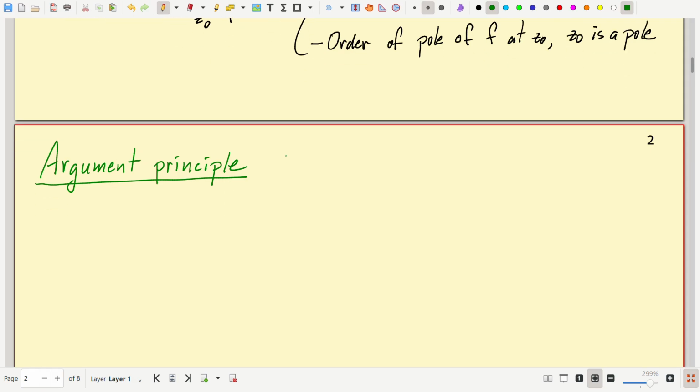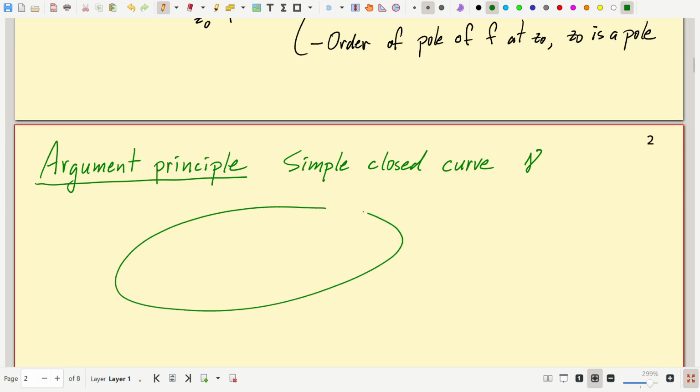So let's suppose I have a simple closed curve, gamma. And so here's the picture. There's gamma, and I'm going to have functions which are analytic inside and on gamma.